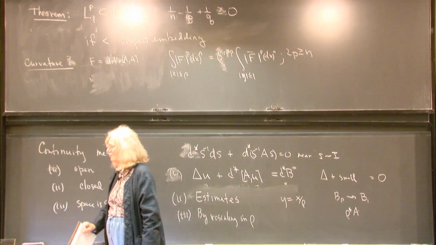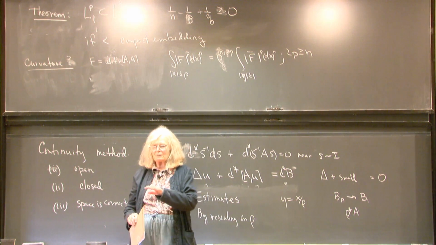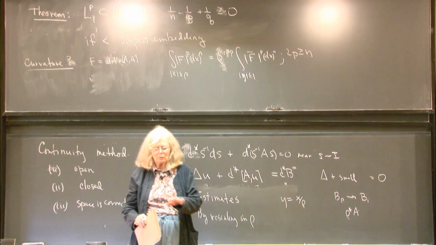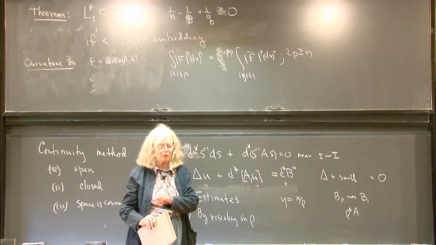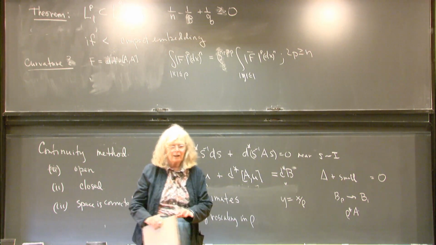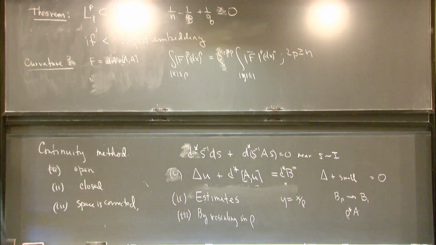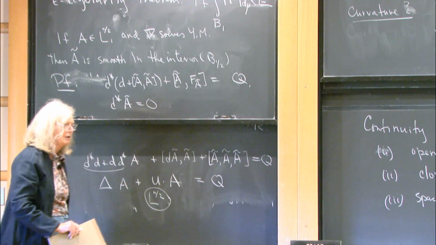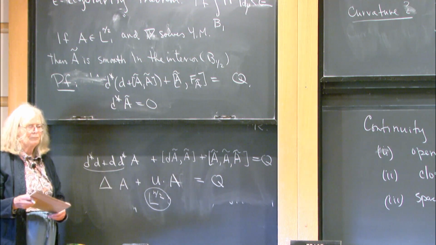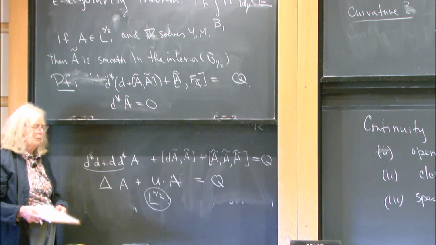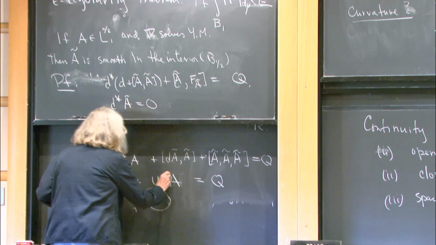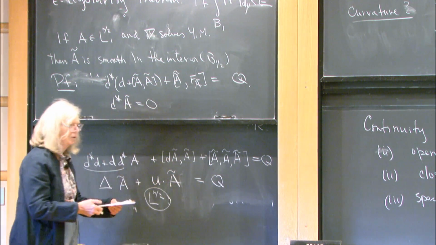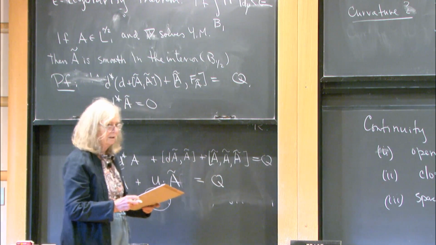So that's roughly it: it's a problem of reducing the question to the Laplacian plus a small term equals 0. And when you don't have a boundary condition, you get interior estimates, but not regularity estimates. Okay, is that clear? But we need a good gauge here, so A tilde equals 0. Okay?